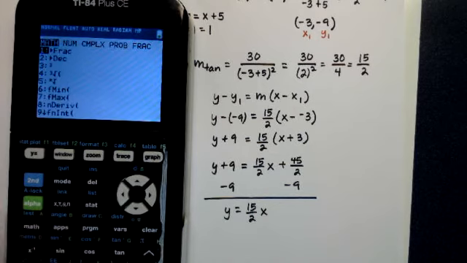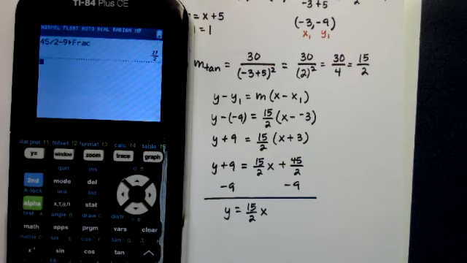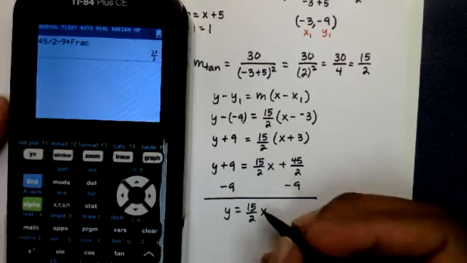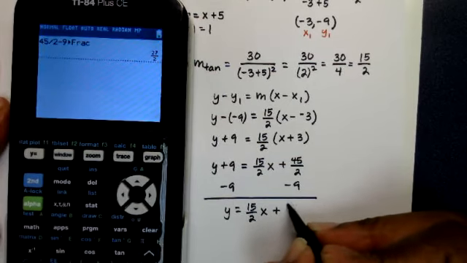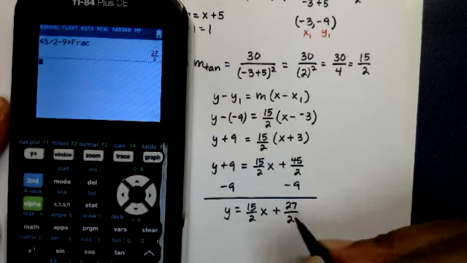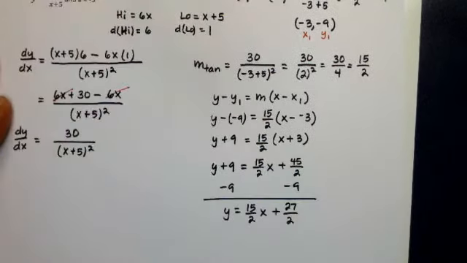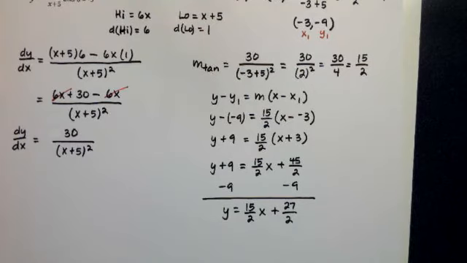Then press your math key, select number 1 for fraction, select enter, and that will end up being 27 over 2. Okay. So the equation of the line tangent to the curve y equals 6x over (x plus 5) at x equals negative 3 would be this. y is equal to 15/2 x plus 27 over 2.